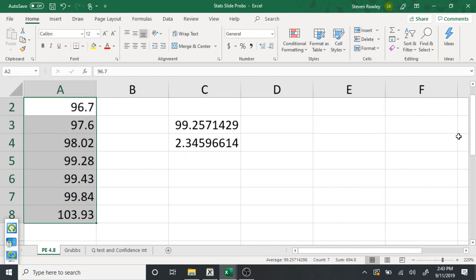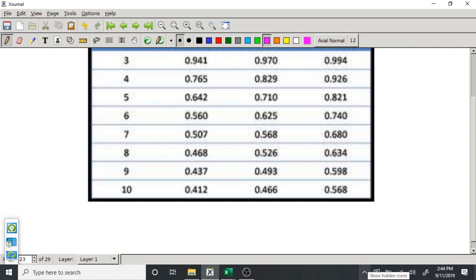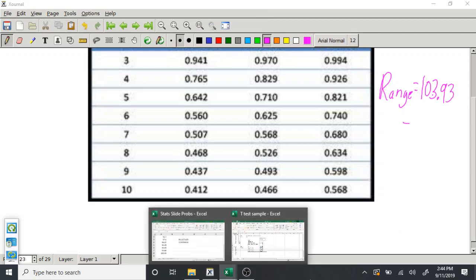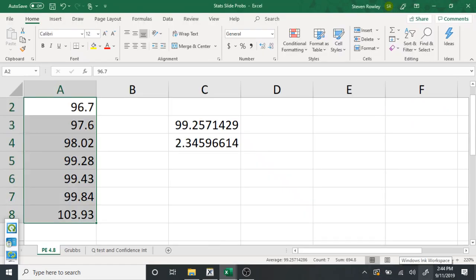Now, what's my range? Range for that data is 103.93 minus 96.7.